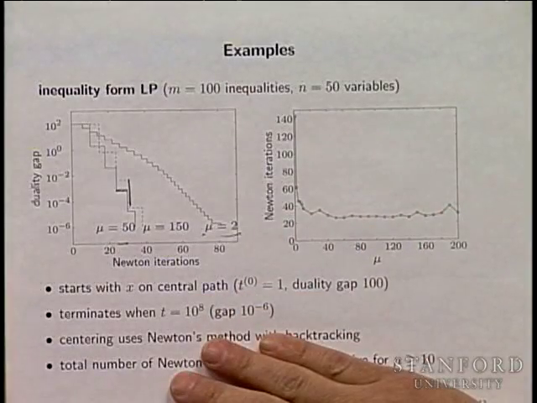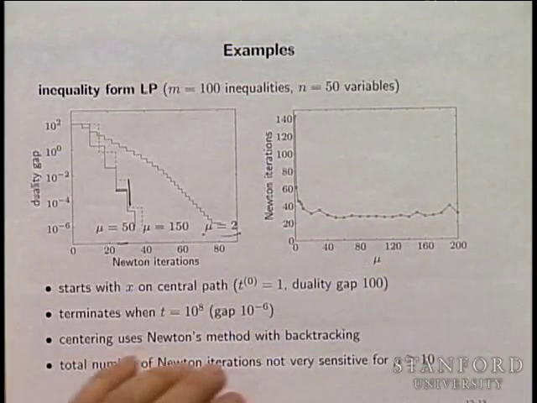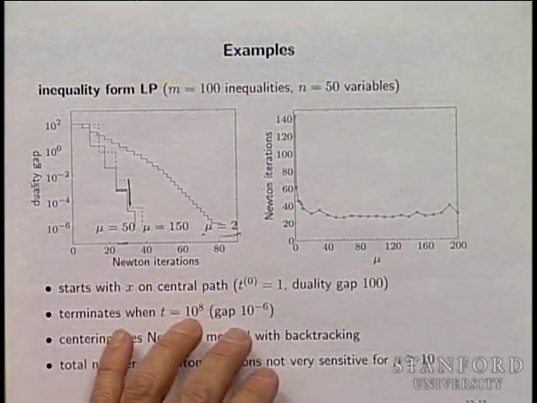You've made a lot of reduction in gap, but you're taking a whole lot of Newton steps. The cool part is that these two trade off each other, and you get this huge flat region. The point is, this is not a parameter that needs to be tuned.